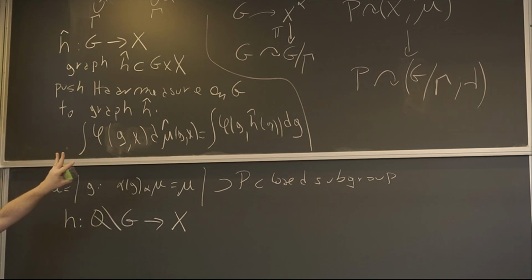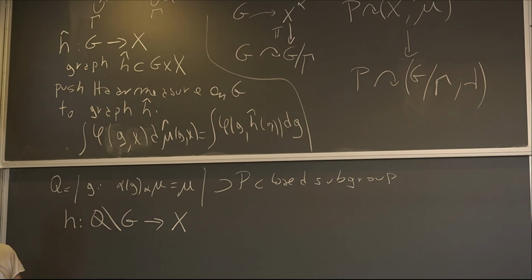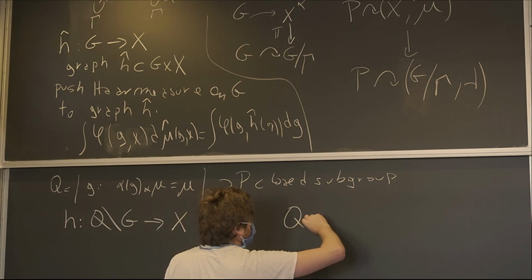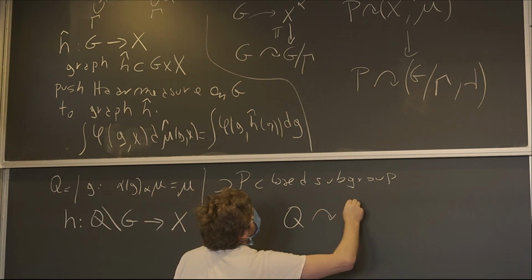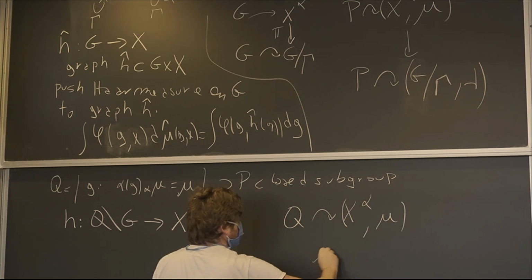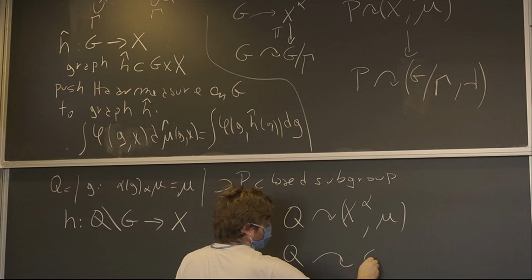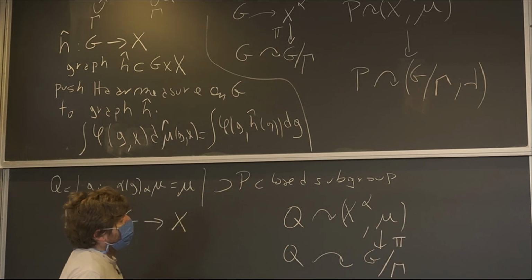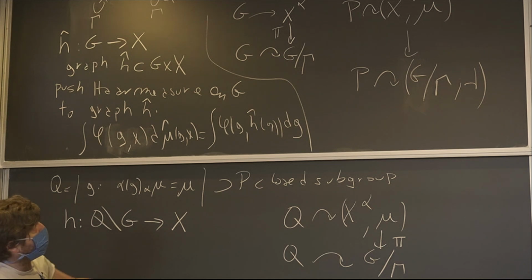And so all this picture I can do directly with the Q, even though most likely Q is equal to P, but the point of this is just to optimize the starting point, and I just repeat essentially what was above: this is covering this, and this is this projection pi.